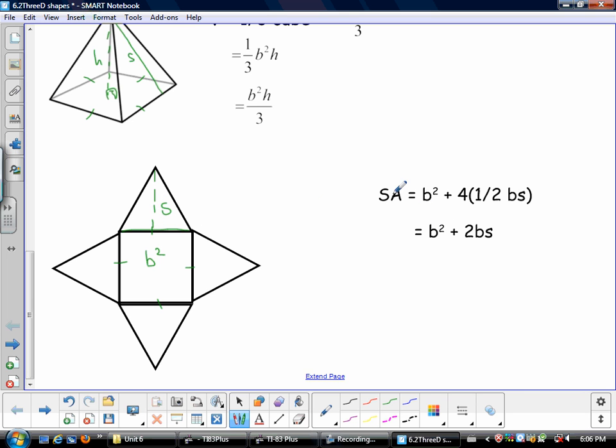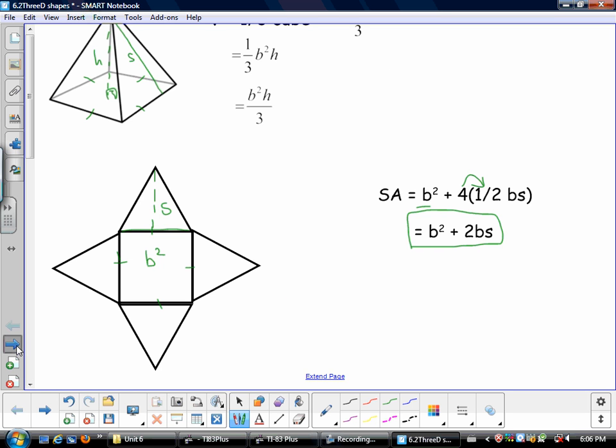So in order to find the surface area of a square base pyramid, we need base squared, plus 4 of 1/2 the base times the slant height, or if we actually bring in that 4 times 1/2 is 2. So that's where the surface area formula comes from.